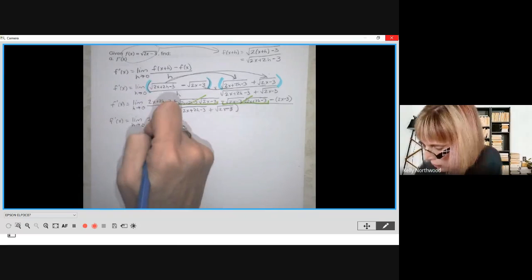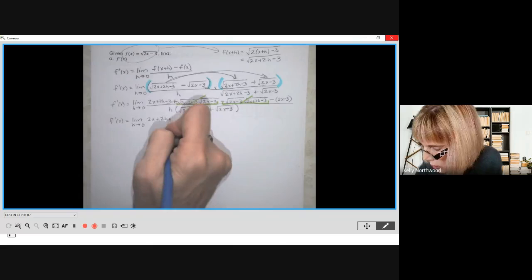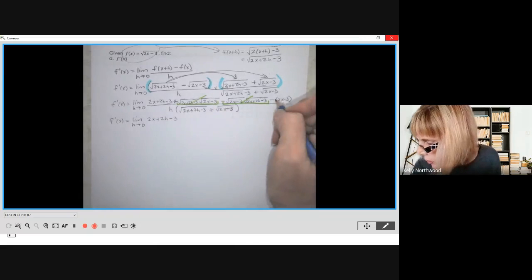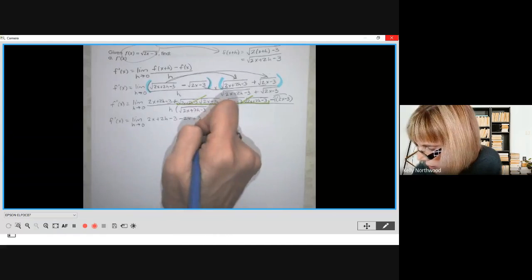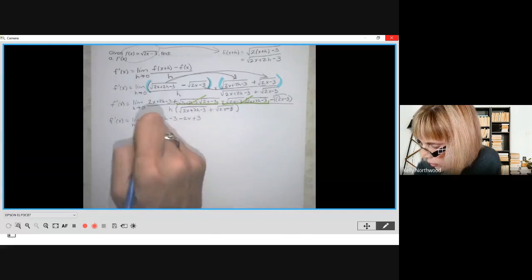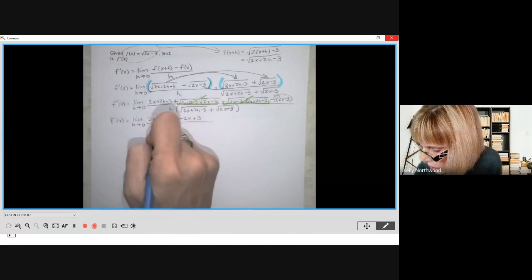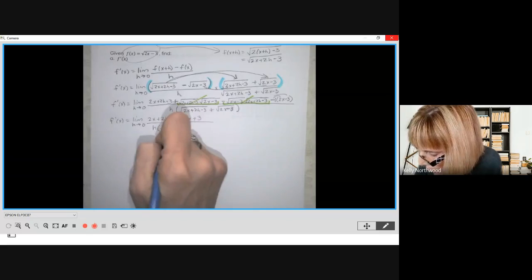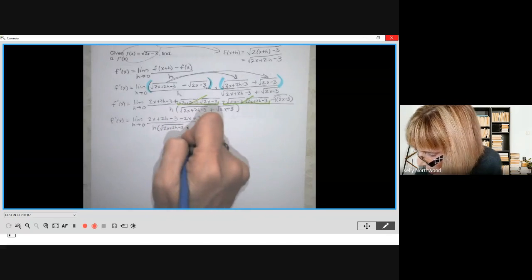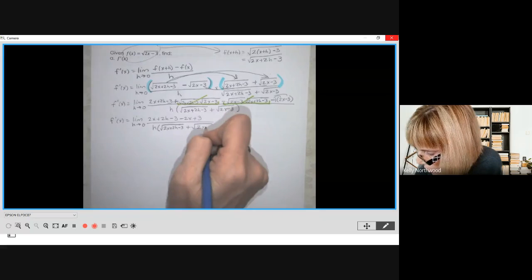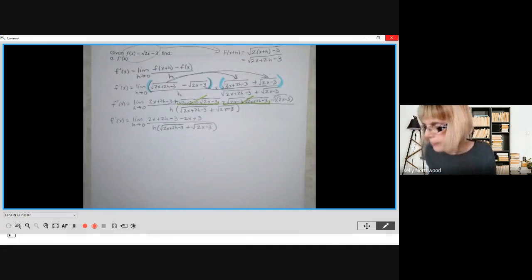So in the numerator, I'm left with 2x plus 2h minus 3. And then if I distribute this minus here, I'm going to get minus 2x plus 3, over h times root of 2x plus 2h minus 3 plus root of 2x minus 3.